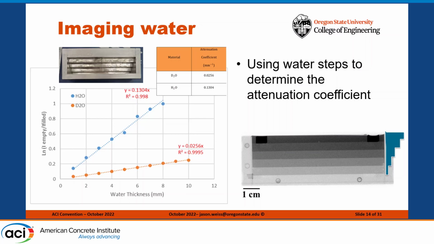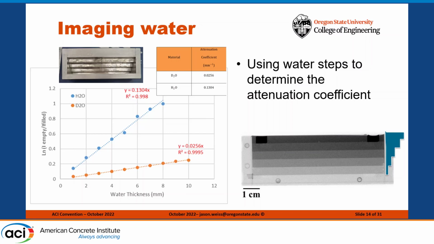One of the really fun things about, because this is so sensitive to hydrogen, this is conventional water, referred to as light water in the radiation world. This is heavy water, which is actually deuterium-based, and what you'll notice in the heavy water is we see a very different signal. Other than very minor issues in early age hydration, the behavior of heavy water and light water are very similar in terms of what they do in terms of the cement.